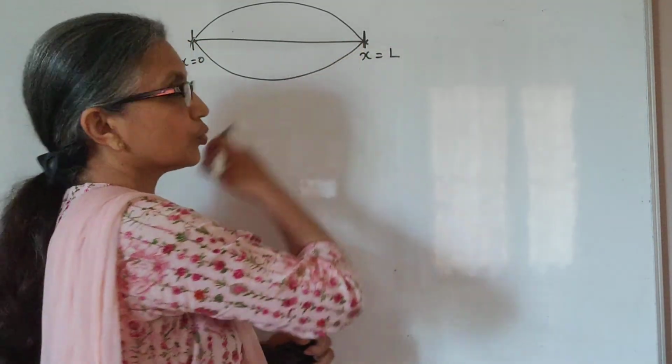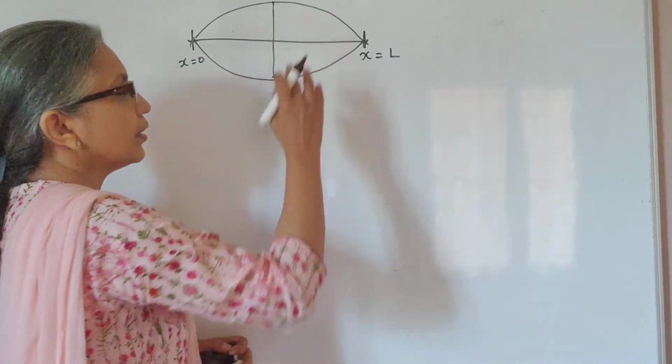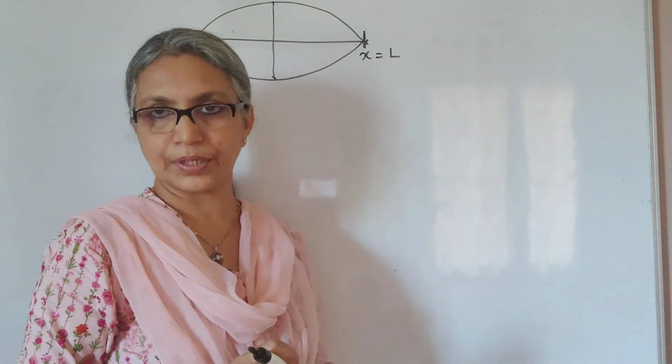These two positions will be positions of nodes, but you will have one antinode, and this is the simplest mode of vibration.